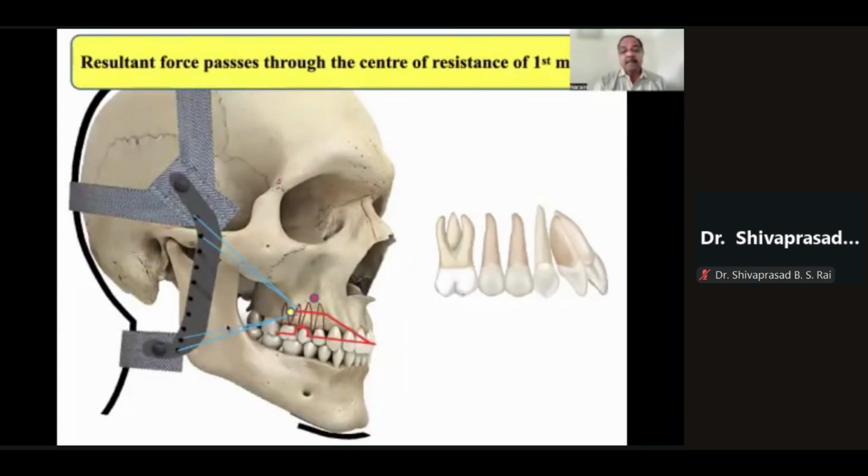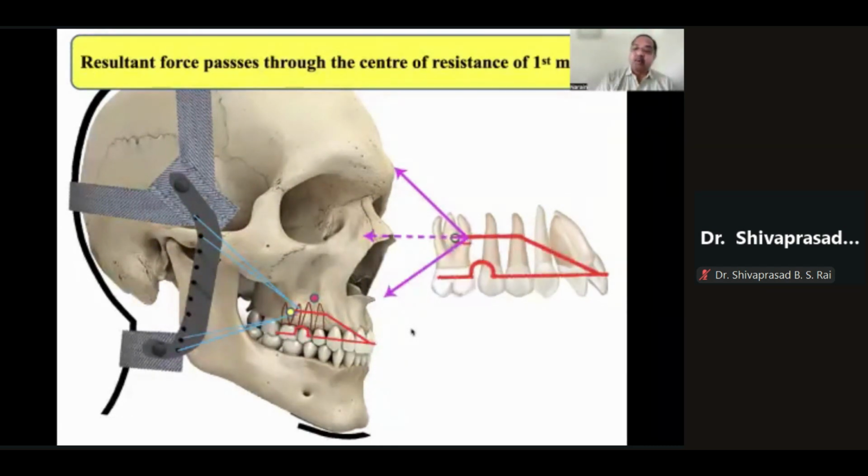So now if I want distalization of the molar, then I can target the center of resistance of the molar. I will alter the shape of the outer bow so that it passes through the center of resistance. This will give me a bodily type of retraction of the molar, distalization of the molar. So it is mainly indicated in distalization of the molar.